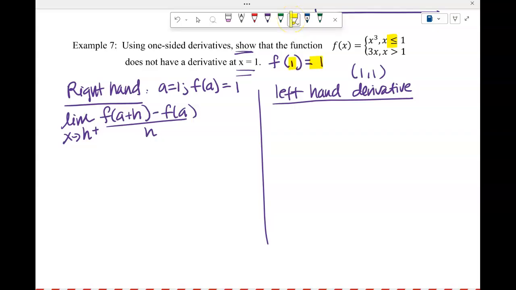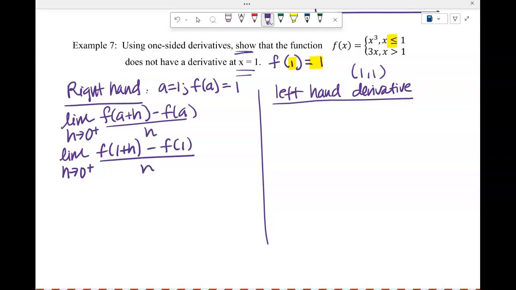Sorry, h is approaching 0 from the right: f of 1 plus h minus f of 1 all over h. So we're coming from the right side.